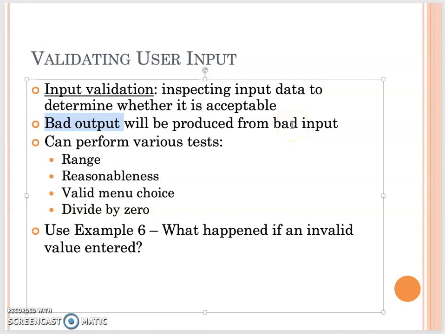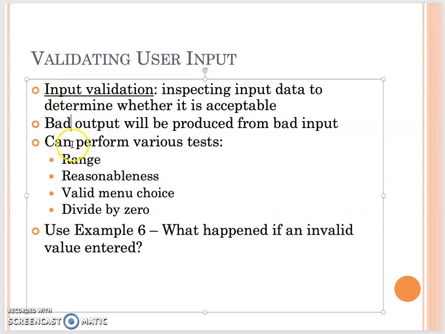We ask the user to give us the radius for a circle. But if the user enters -5, then the circle area will be pi r squared. -5 squared is still 25. So even though the user gave a radius of -5, if we didn't check the user input, we would still tell them the area is 25 pi. That is a wrong output. So that's why input validation is important.